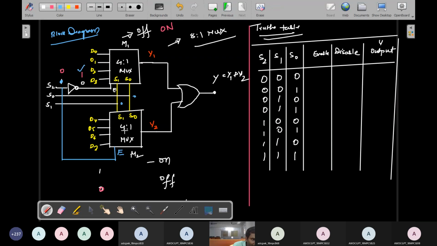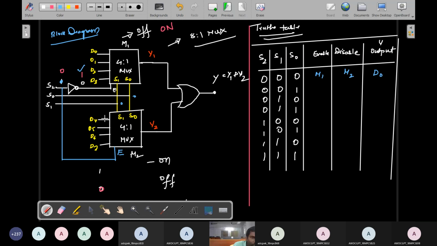That means this is 0, and it will be converted through this NOT gate into 1. This is 0, meaning M2 is in the disable condition and M1 is in the enable condition. So M1 is enabled and M2 is disabled, and the final output Y is selected from the M1 multiplexer. The final output Y selects D0.